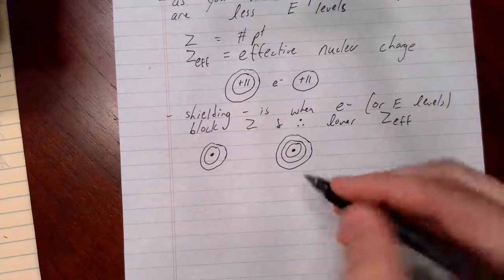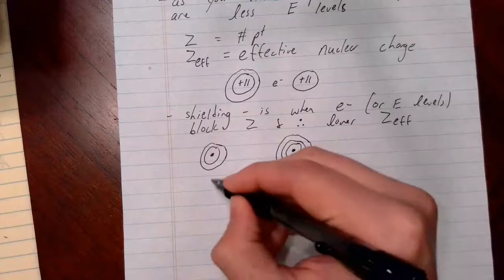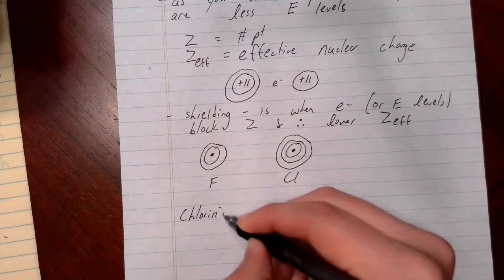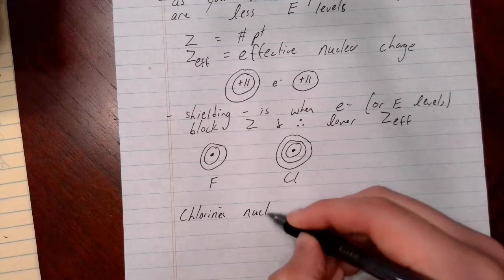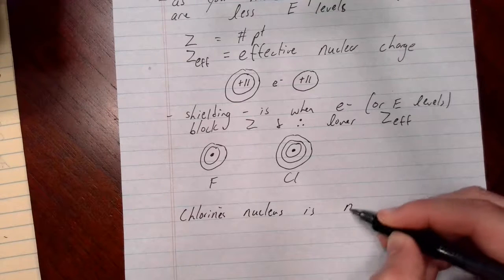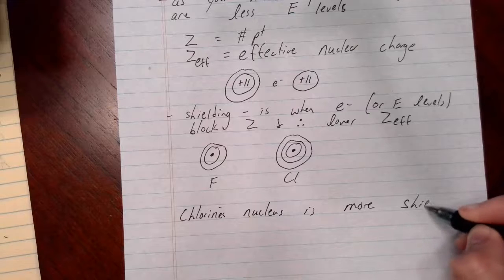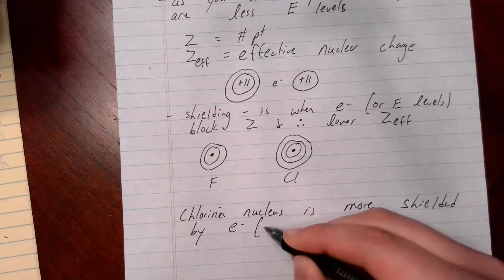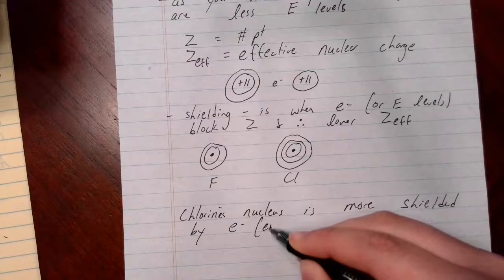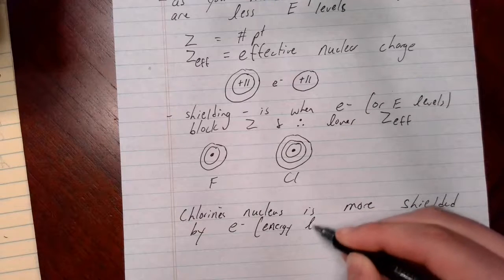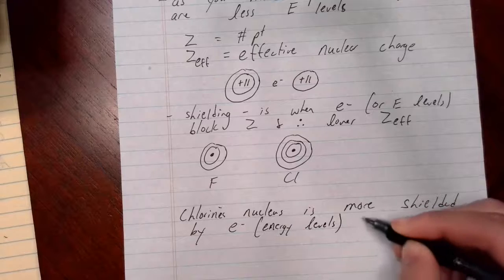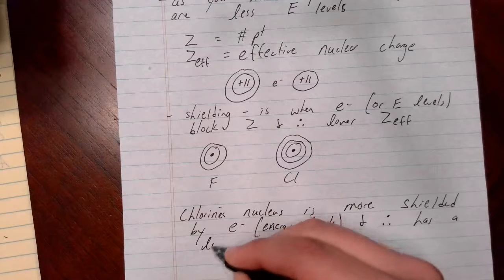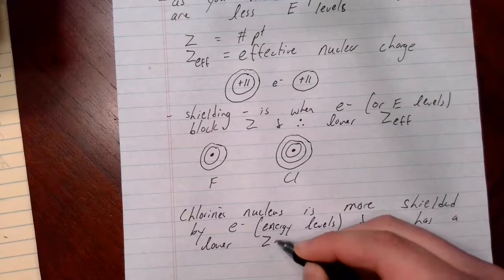This is Cl, this is F. Chlorine's nucleus is more shielded by electrons, or energy levels, and therefore has a lower effective nuclear charge.